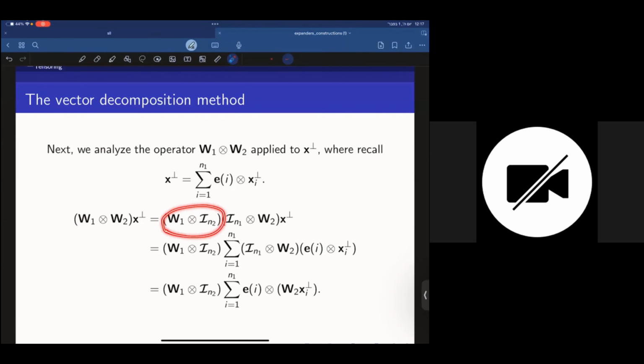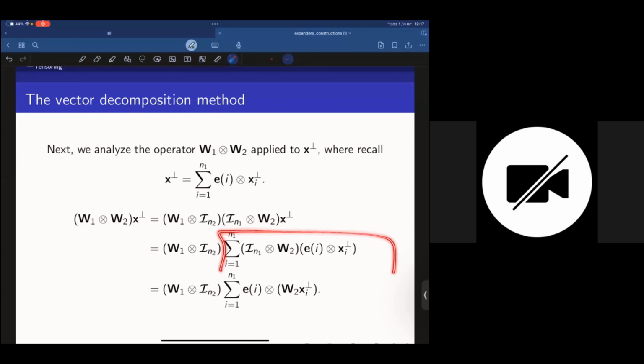I just copy this thing and I'm applying this operator to this vector, and using linearity, the operator of a sum is the sum of operators, I can write this thing as the sum of this operator applied to each summand defining the vector.